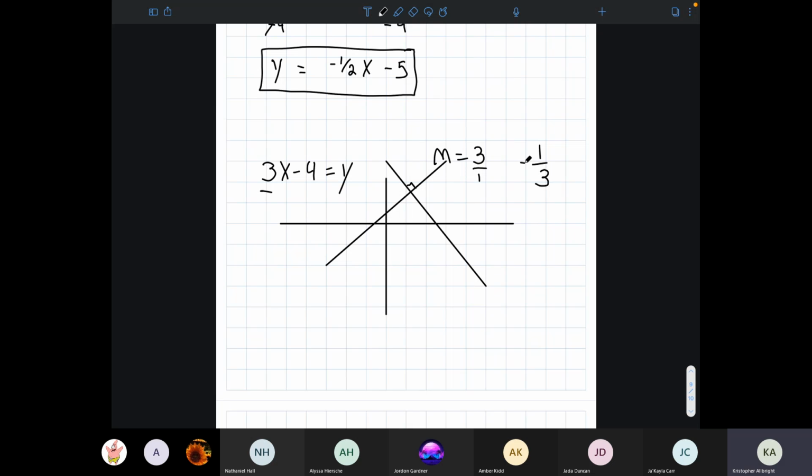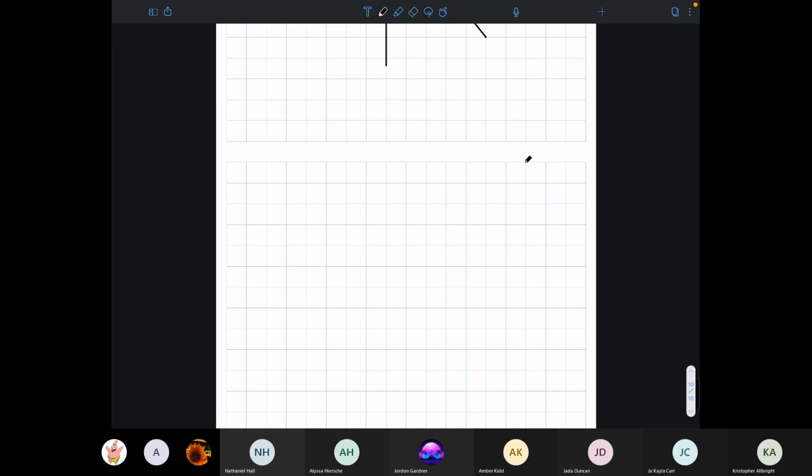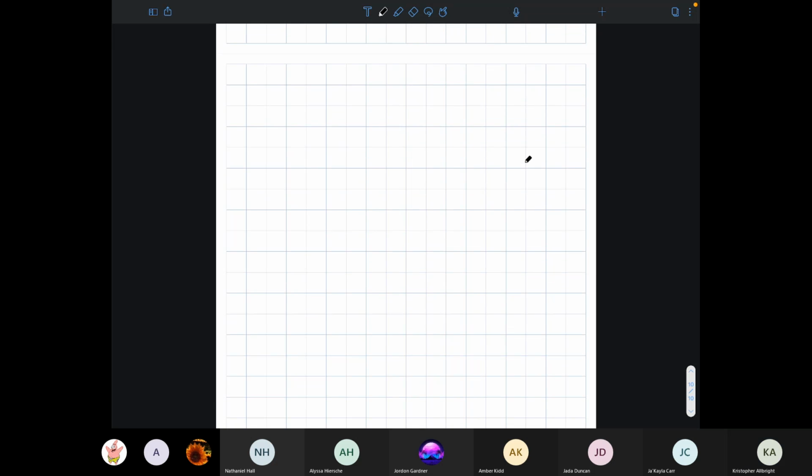So, for example, number 5. Write the equation of a line. It says parallel, but we're gonna do perpendicular to the line 2x minus 5y equals 10.